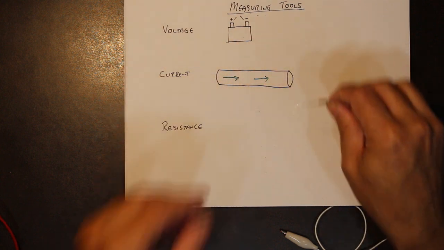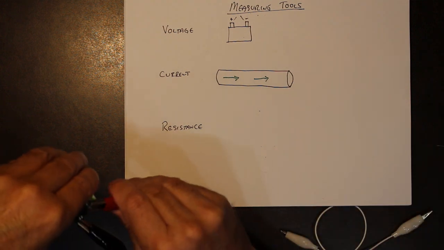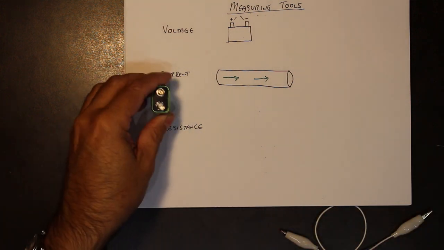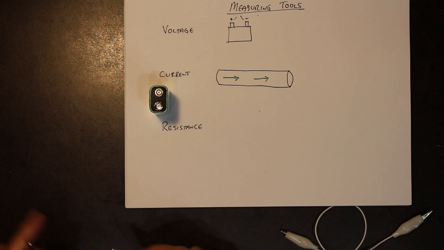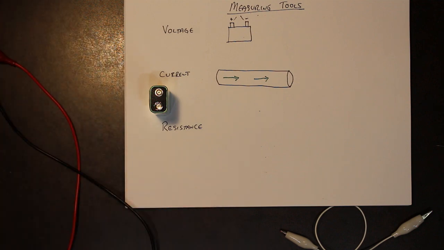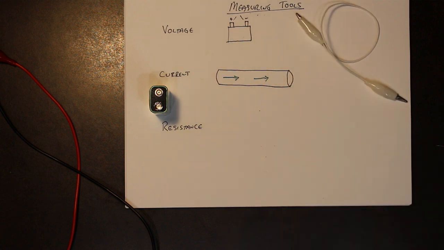So what I'm going to do is I'm going to use that little battery that I had just brought out. So there's my little 9-volt battery. And I'm going to get a couple of little jumper leads. I got one.